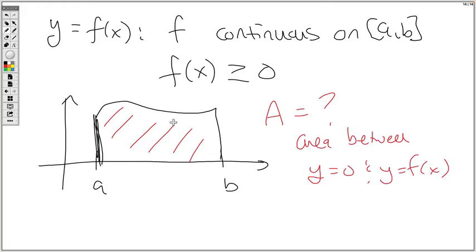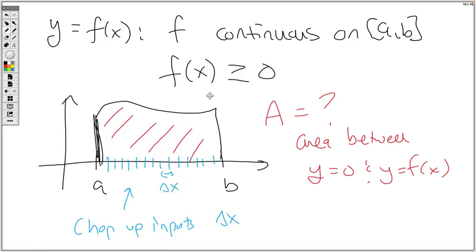The one thing we knew how to find areas of were rectangles. So we went in there and we chopped up the domain. We chopped up the inputs, until we got little widths of delta x.